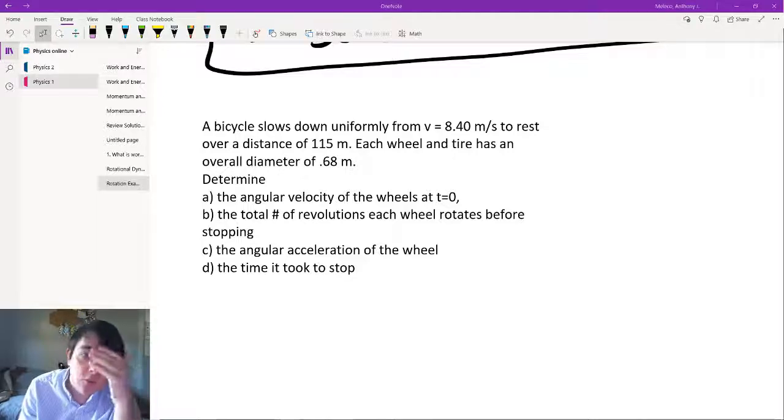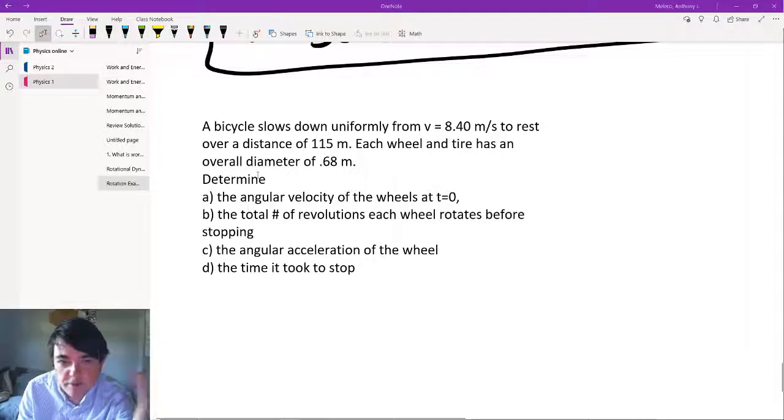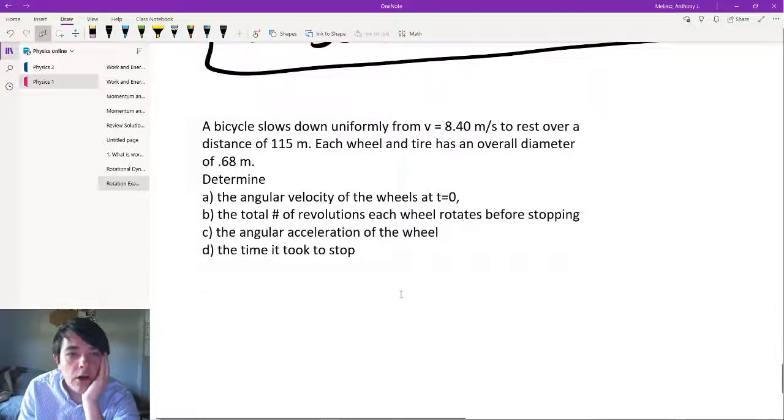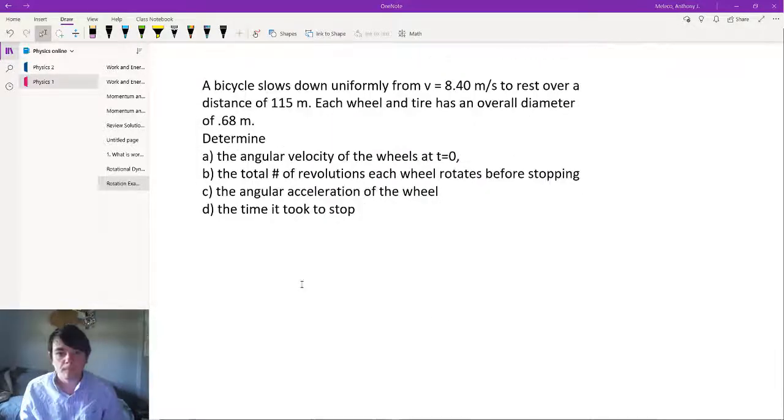Each wheel and tire has an overall diameter of 0.68 meters. We want to determine the angular velocity of the wheels, the total number of revolutions each wheel rotates before stopping, so we need to keep track of the units again, the angular acceleration of the wheel, and the time it took to stop.